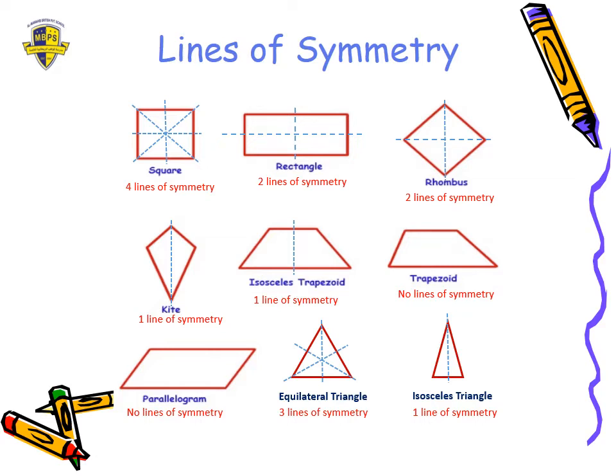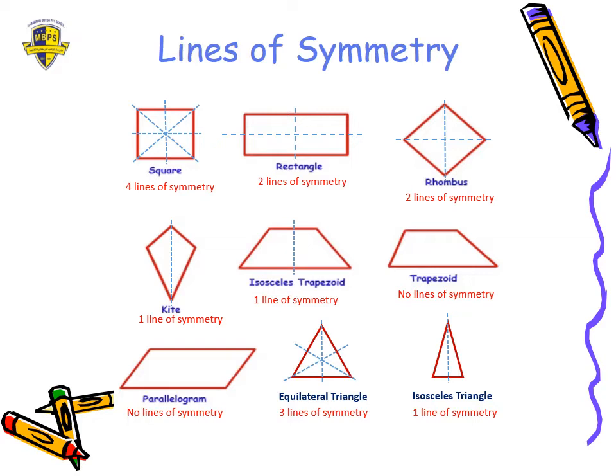So if I ask you how many lines of symmetry we can draw for the square, you tell me 4. Why? Because in a regular shape, the number of sides equals the number of lines of symmetry. So 4 sides, so 4 lines of symmetry.